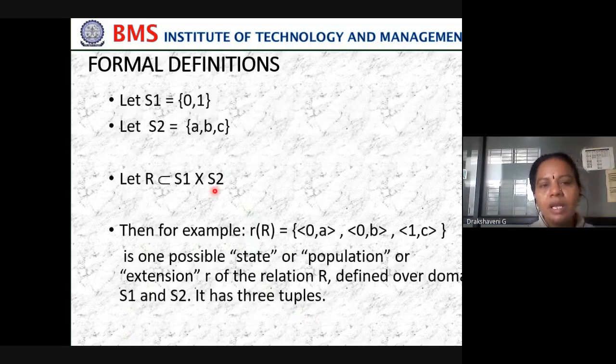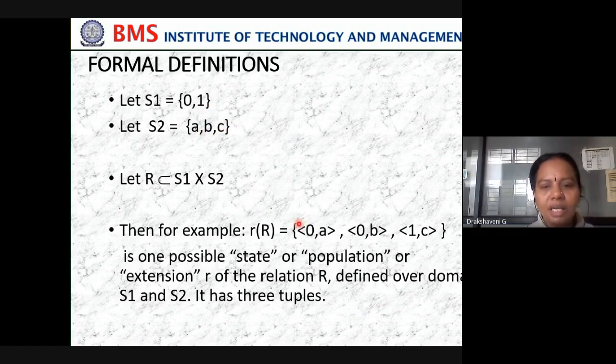Suppose we take a relation with set S1 as 0, 1, and set S2 as A, B, C. Then r is a subset of S1 Cartesian product S2. So what is this subset? In this case, you can see how many combinations we can make with these two sets: 0 of A, 0 of B, 0 of C, or 1 of A, 1 of B, 1 of C. So many sets we can make.